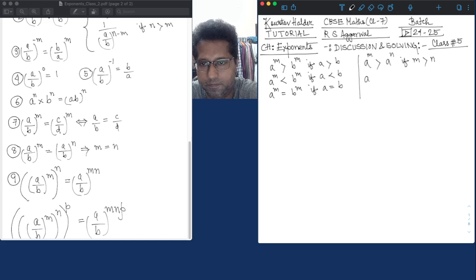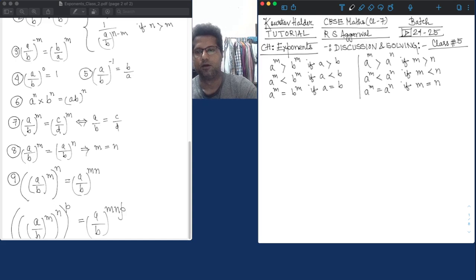Similarly, a to the power m will be less than a to the power n if m is less than n, and of course a to the power m will be equal to a to the power n if m equals n. So these are the fundamental formulas or concepts that we need to keep in mind for comparing two numbers in exponential form.